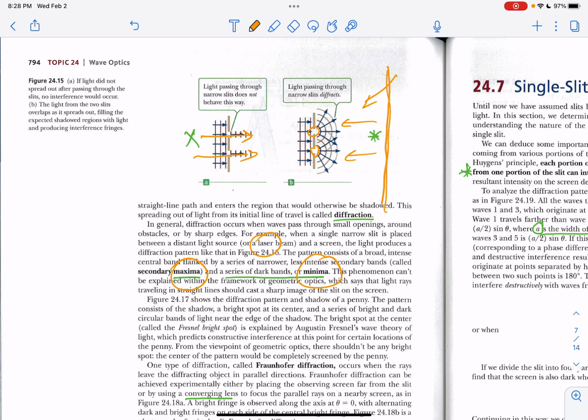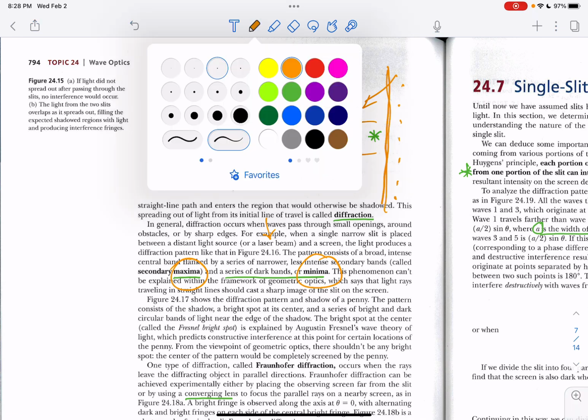Now, if you're using monochromatic light, which laser light by definition has to be, each of those colors that we see along the wall will be the same color as the laser light. However, if we had a beam of white light, a mixture of all the wavelengths, you would actually get a rainbow.